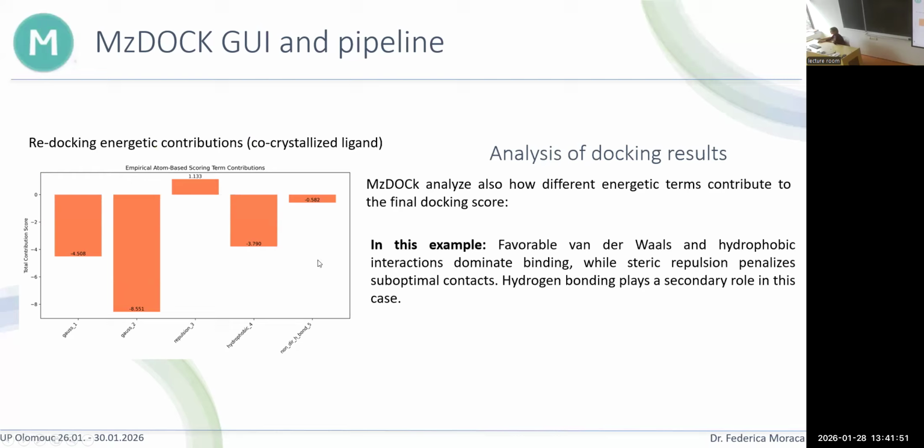In this example, we can see, for instance, that in the first pose, the one with the lowest score, hydrophobic interactions with the medium range van der Waals dominate the binding, and also, of course, the short van der Waals radius. But in our case, the hydrogen bond is the least contributing interaction.